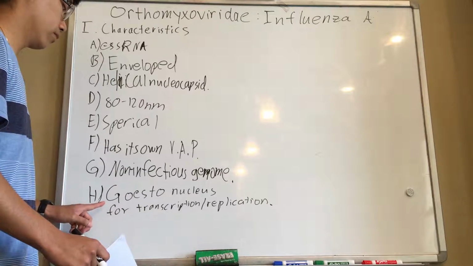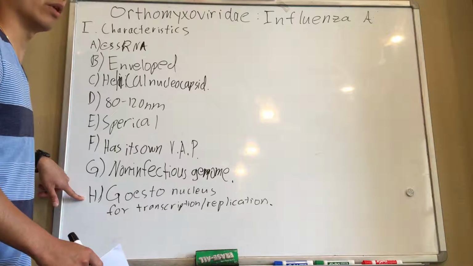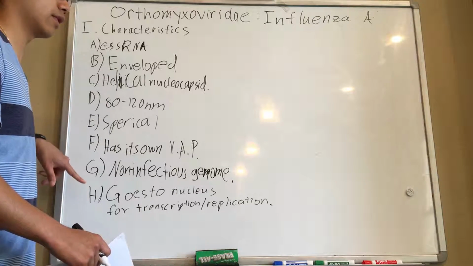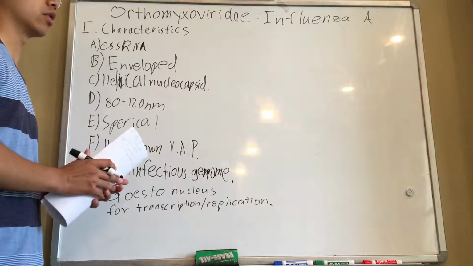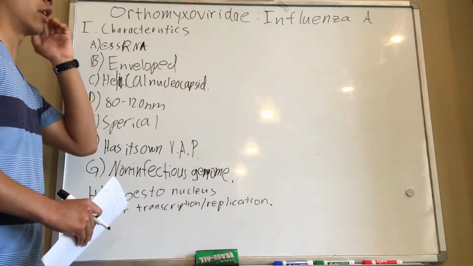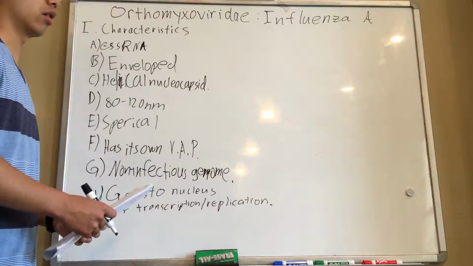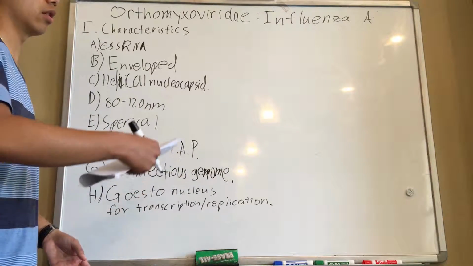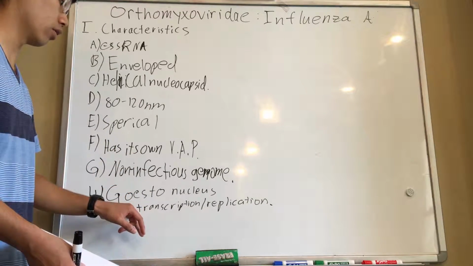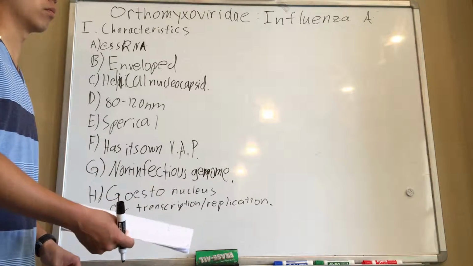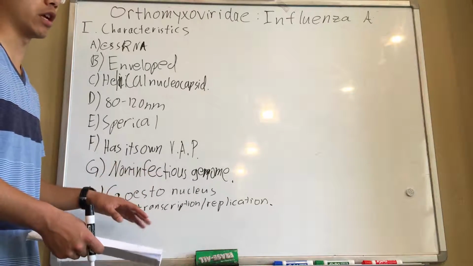But the impact of this characteristic is that one of the ways you can treat flu is to give someone actinomycin D, which prevents the cell from making RNA transcripts. Actinomycin D basically blocks the cell from making the mRNA caps.